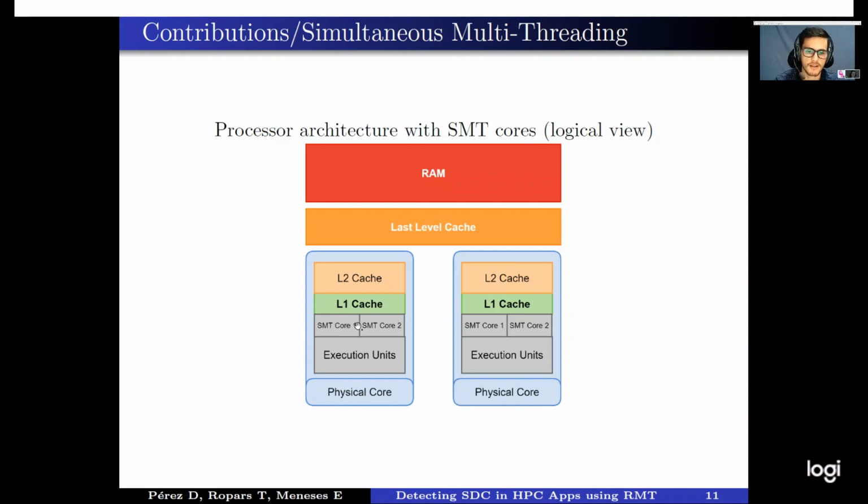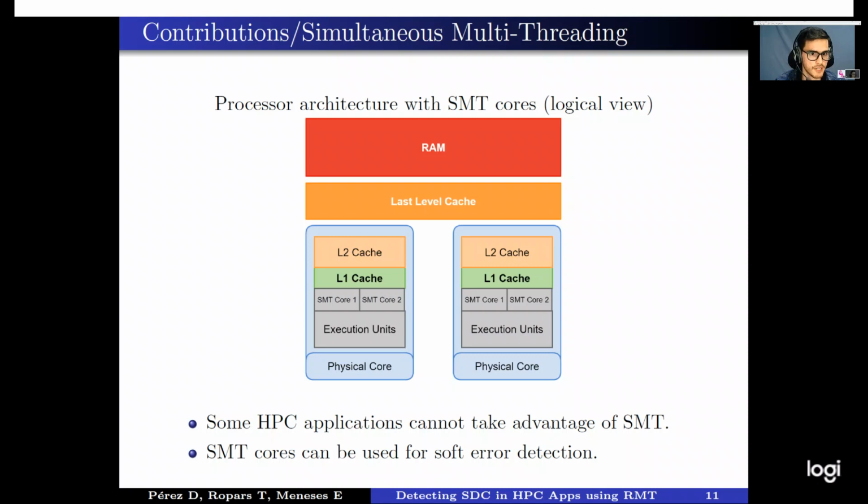And this actually means that the core has more architectural state. These logical cores are basically extra architectural state that allows two or more threads to be alive, ready to run at the same time. And well, sadly, not all HPC applications can benefit from hyperthreading or from SMT. So we propose to use these logical cores for error detection.